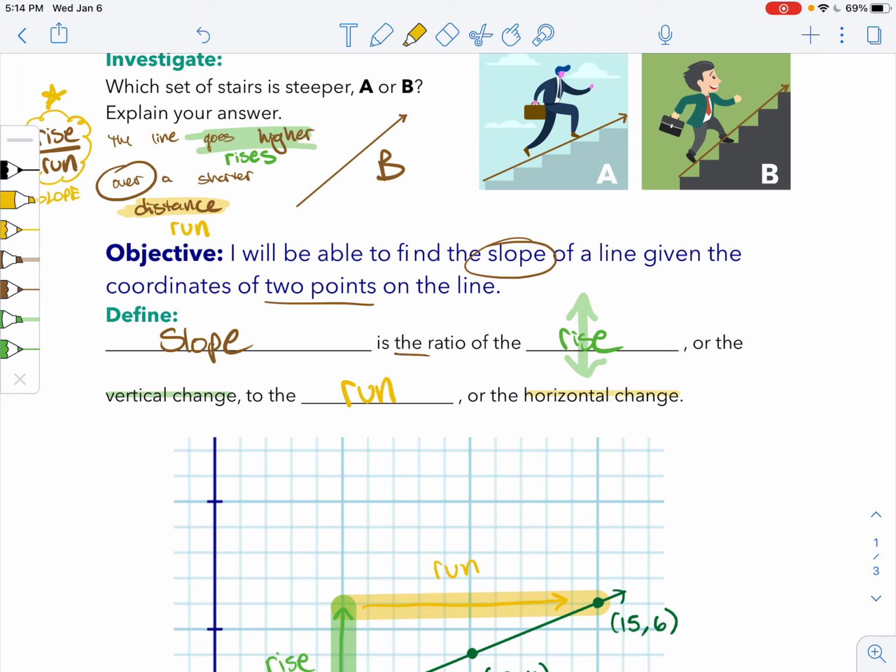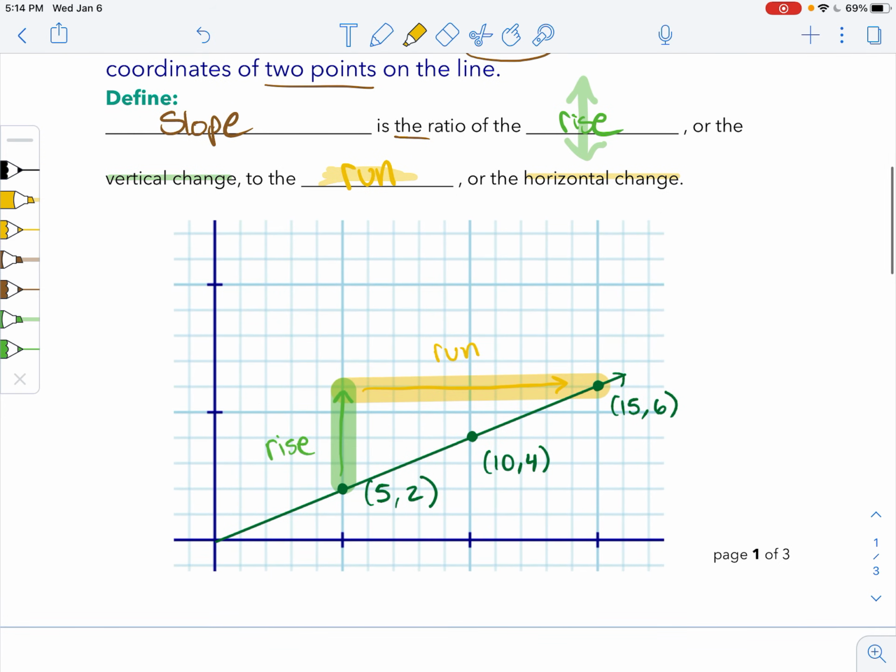So to have it in a picture, the slope of a line is exactly how far it goes up over a certain distance across. So you can say that slope is rise over run. So you can have like how much does it go up versus how far right does it go. You can do like the change up over the change right as well. You can do vertical change over horizontal change.